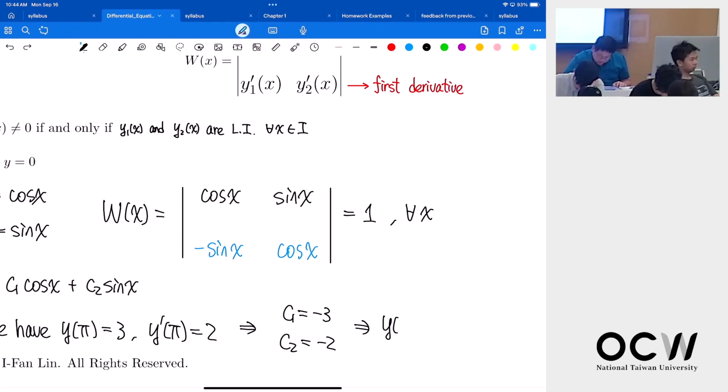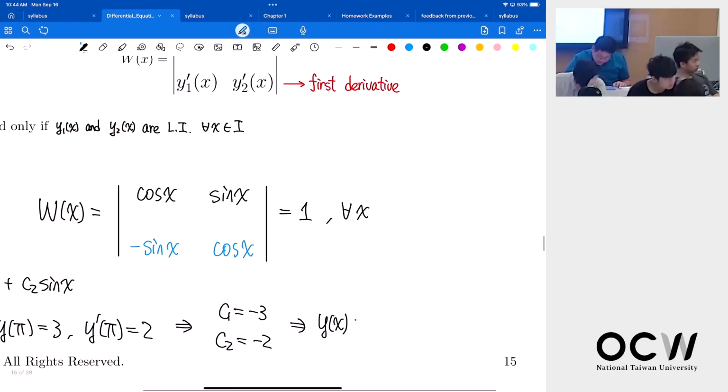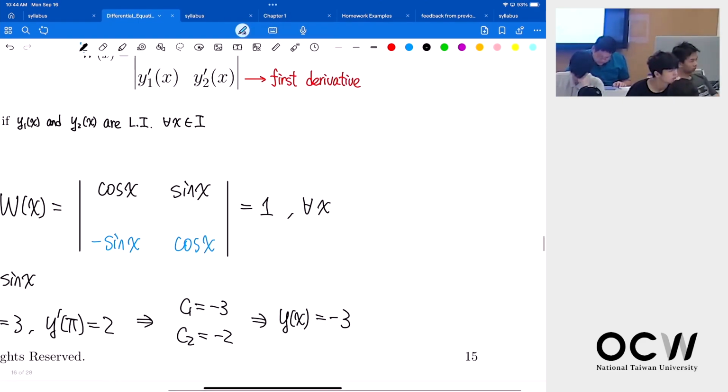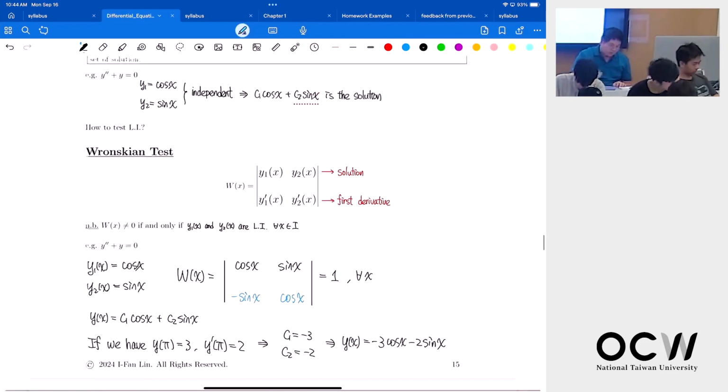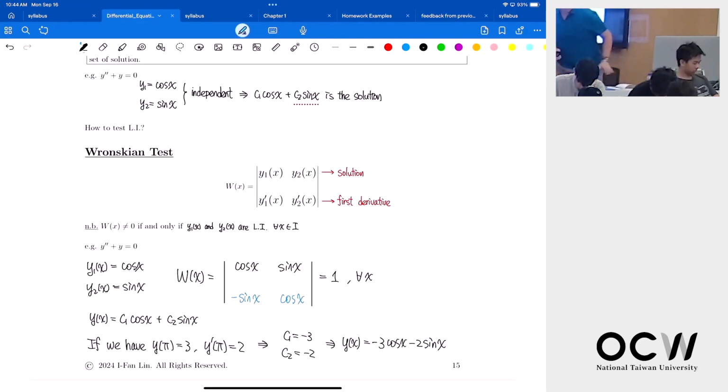So the y is minus 3 cosine x minus 2 sine x. Okay, any questions for this?